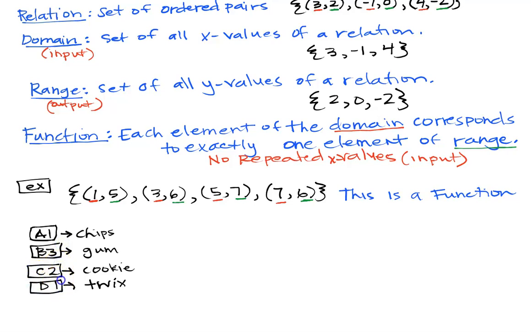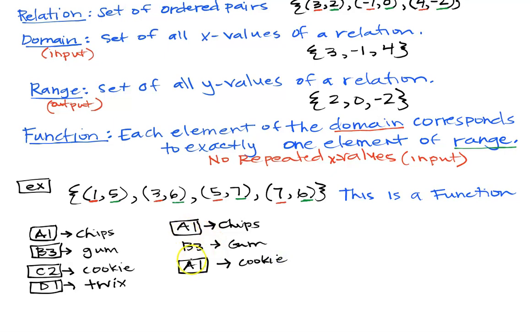But what if they had a vending machine where you had an A1 button on there, and it was going to chips, right? And then maybe you still have the B3 giving you gum. But then you have another A1 button that is giving you a cookie.